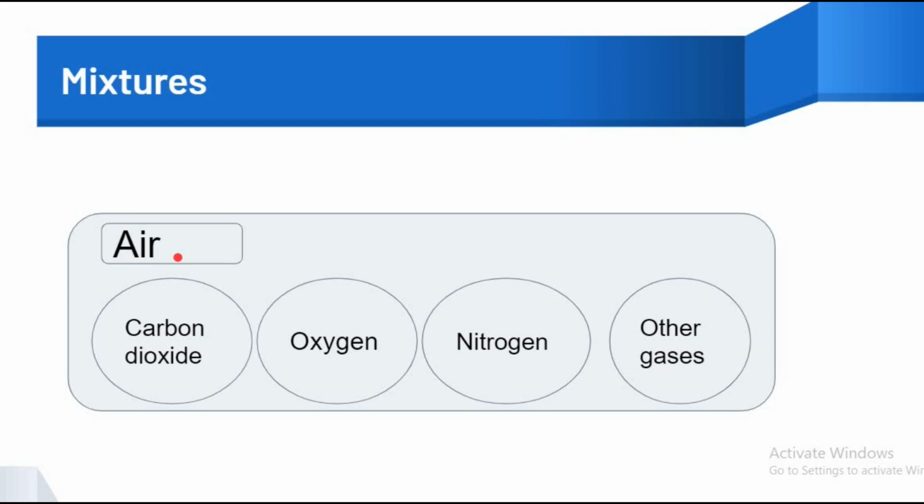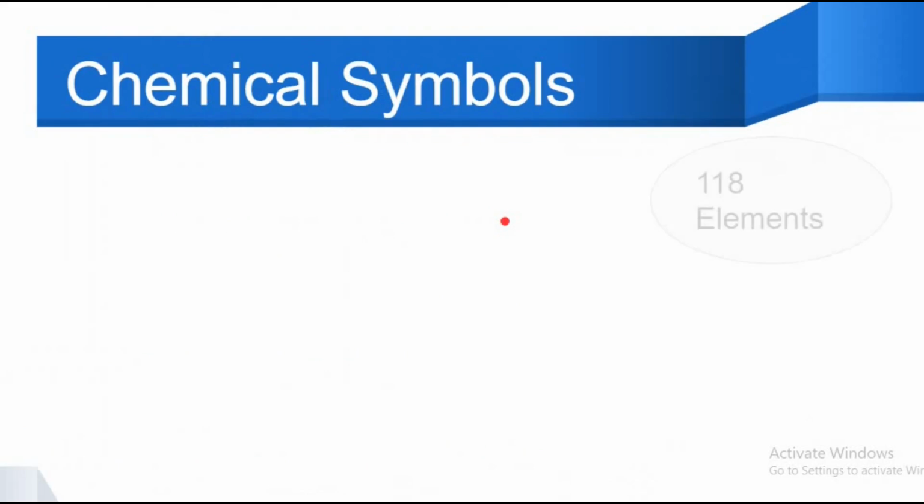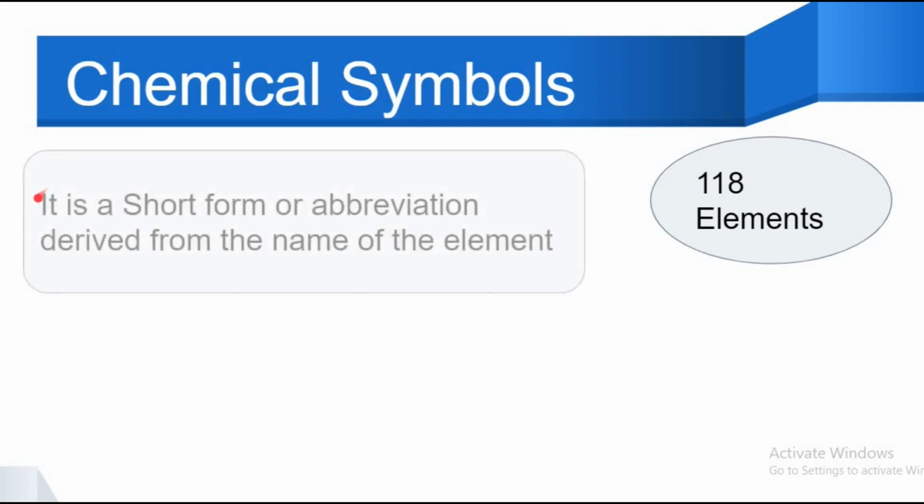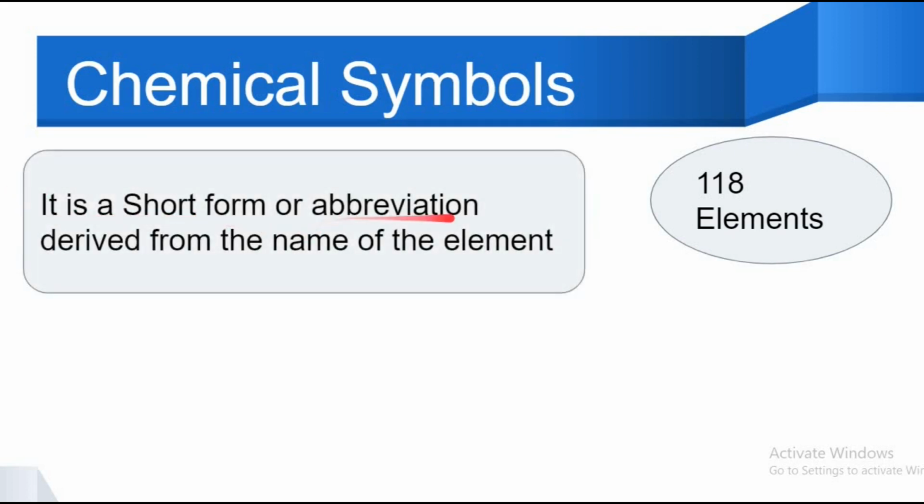We have studied there are 118 elements. We cannot memorize all these 118 elements. To make it easier for us to remember, these elements have been written in a short form. This short form or abbreviation derived from the name of the element is called a chemical symbol.